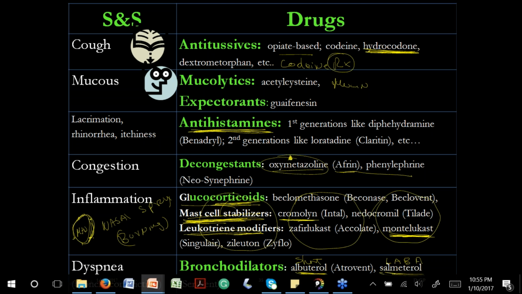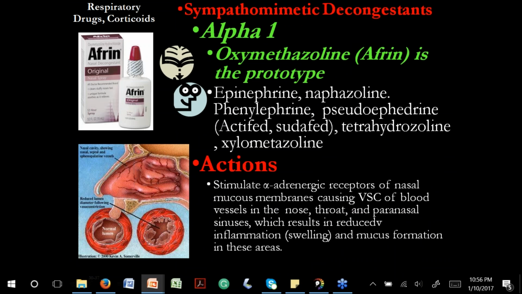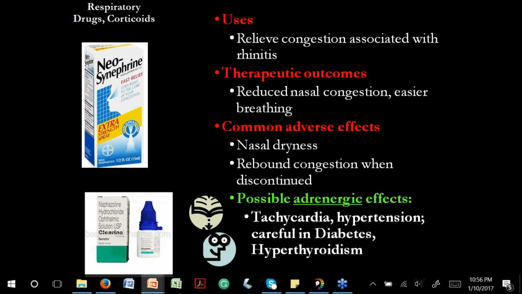Because there are so many NCLEX questions, and you need to be familiar with these names. I don't want you to find a name you never heard before. Here we have alpha-1, oxymetazoline is the prototype medication. We already said the nursing considerations.